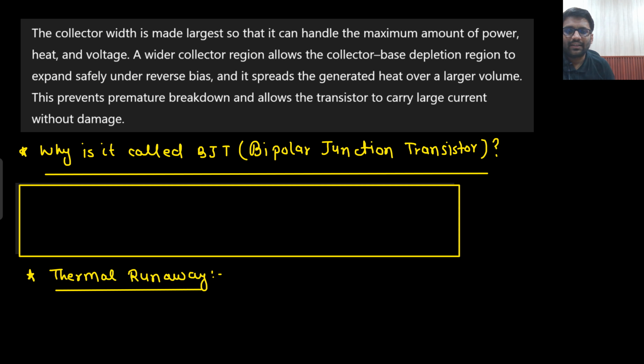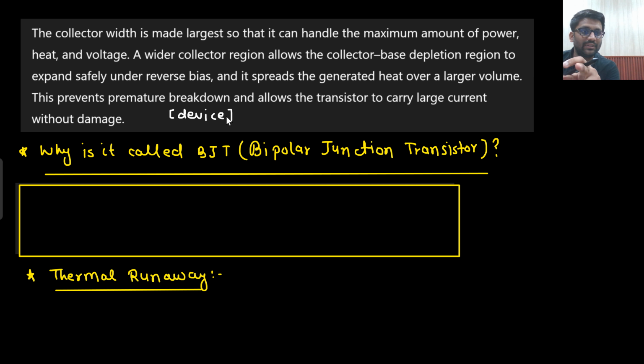So this has been written. This prevents premature breakdown. Here breakdown doesn't mean larger current. Breakdown means device breakdown. When I am writing breakdown here, I am talking about device breakdown, meaning the device has burned out. So this is not the breakdown we studied in the PN junction. In the PN junction, the breakdown we studied was where larger current was flowing. That breakdown we will also see here.